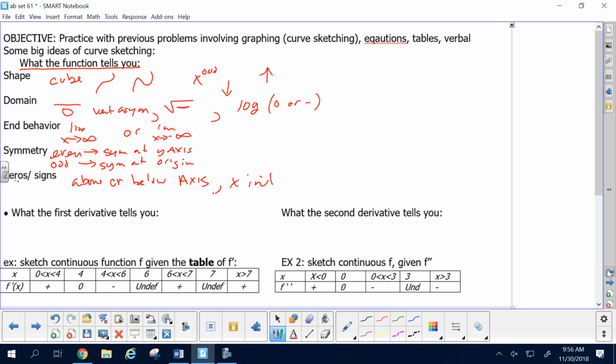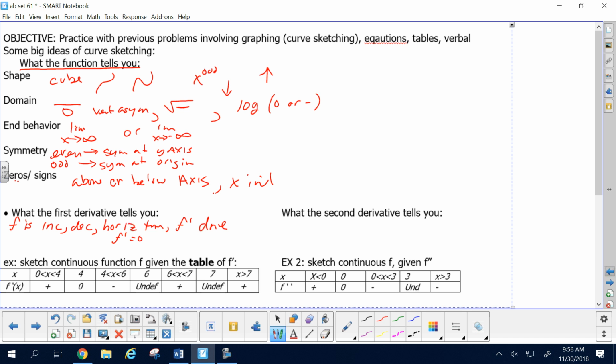We also know that the first derivative tells you where a function is increasing, decreasing, horizontal tangents, if f prime is 0, or f prime DNE. That could actually be 3 different things. Why might f prime DNE?